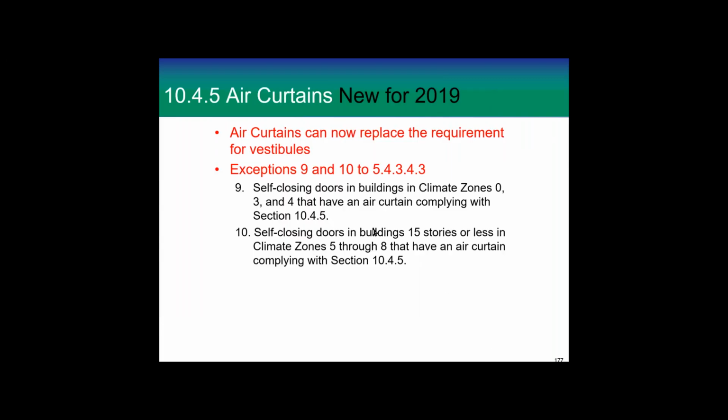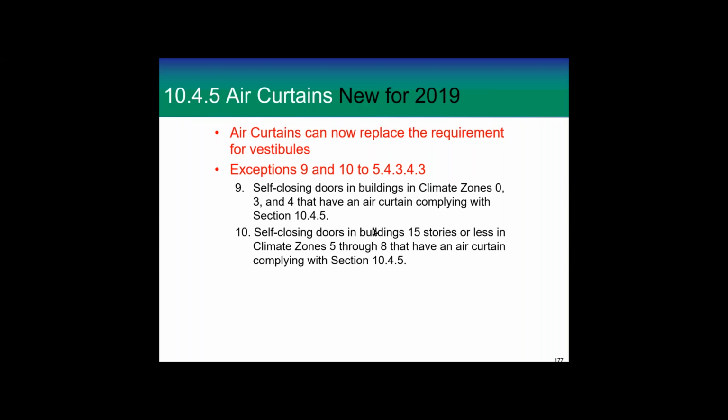We're still in section 10. It's 10.45 now. This was a new change in 2019. So we've always had a requirement for vestibules for most doors. And it has to do with climate zones, and a couple of other things can change it.